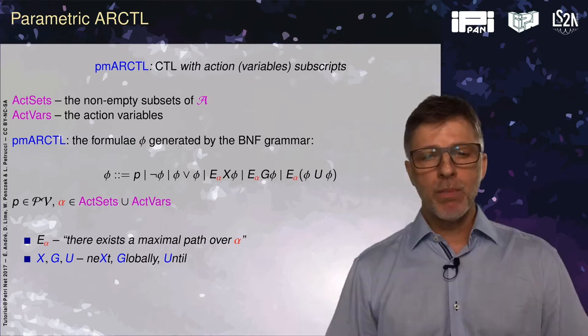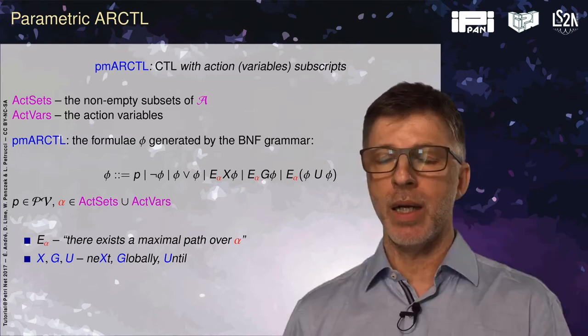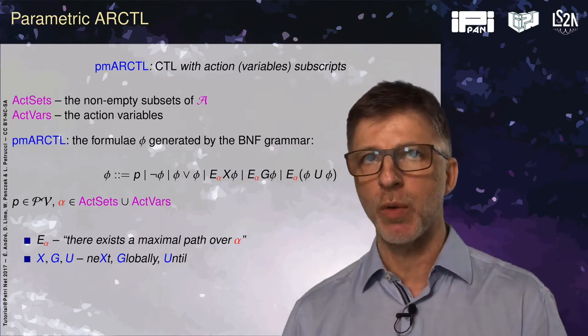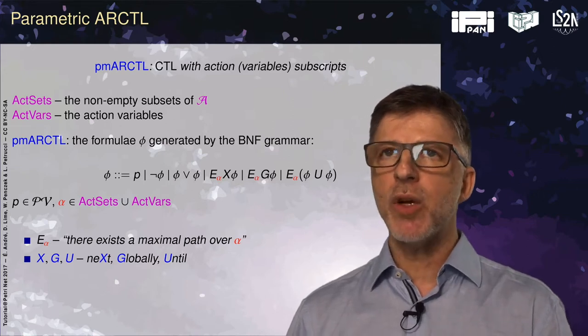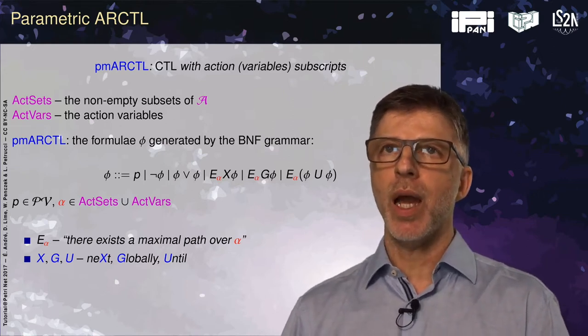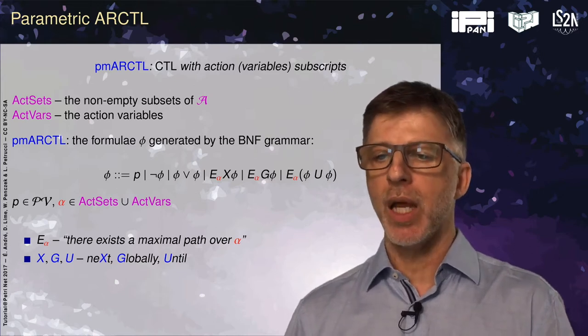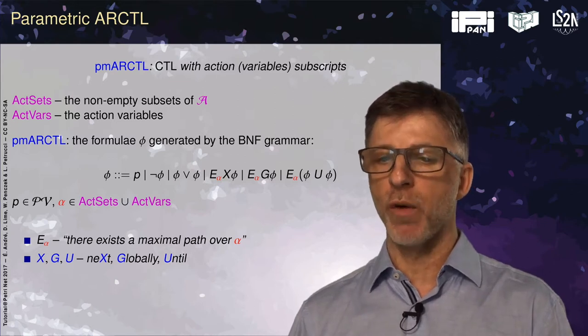Now, what about the situation when alpha is a variable? Now we are moving from trying to find out whether the formula holds in our model to asking a question: what are the valuations of the variable alpha for which our formula holds over a model?